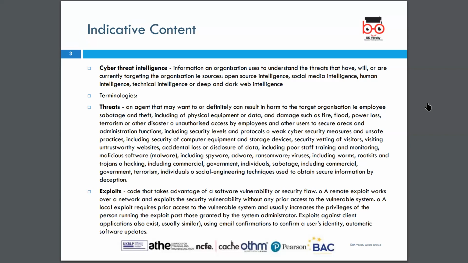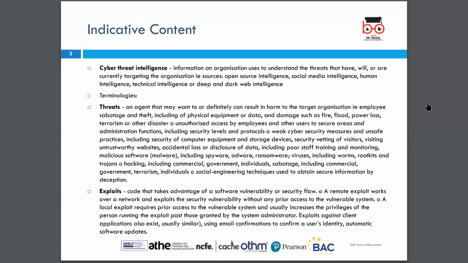Also, we need to know what an exploit is. What do we mean by exploitation? Exploitation is simply gaining access to unauthorized content or unauthorized accounts through a cyber attack.